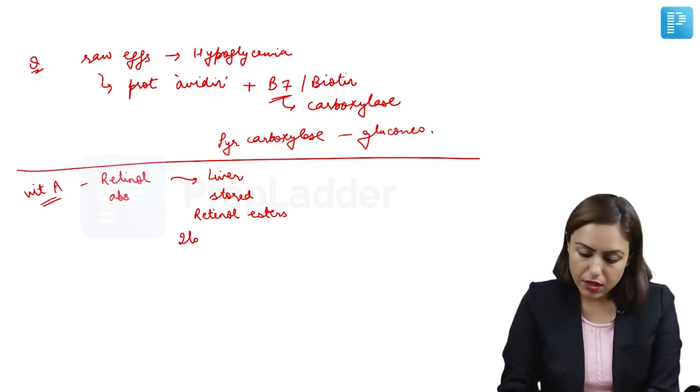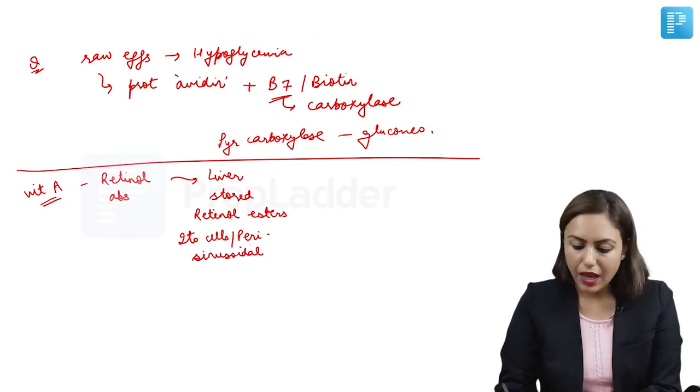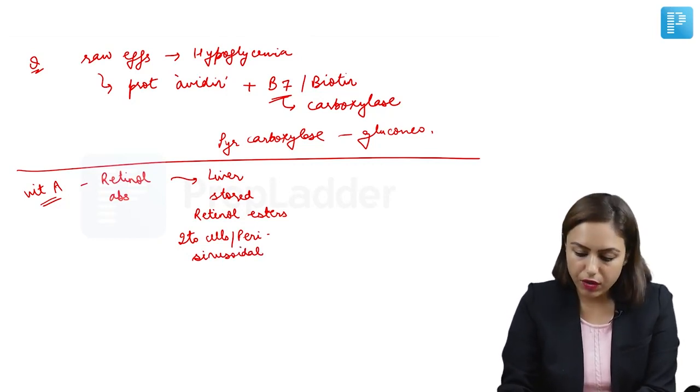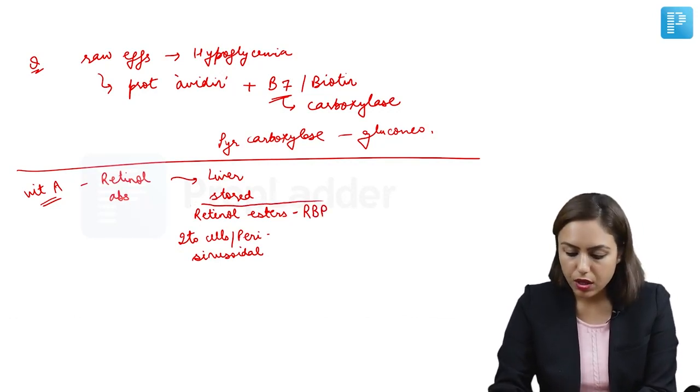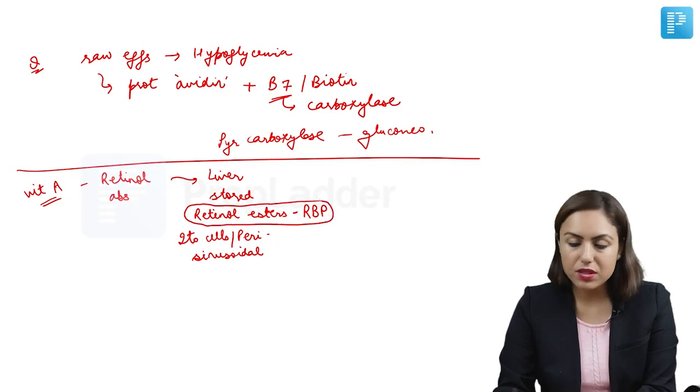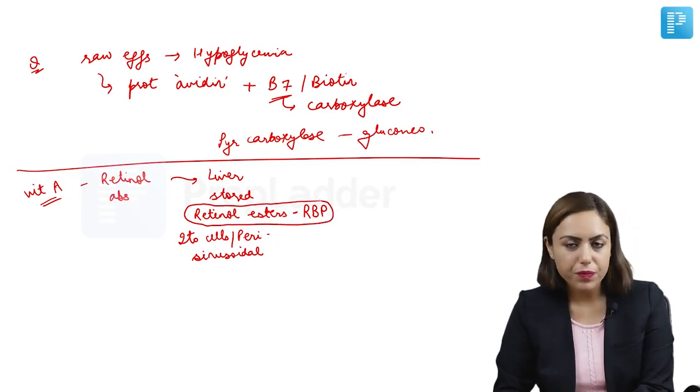In which cells? In Ito cells, also called perisinusoidal cells, right? And in the liver, this retinol ester is joined to retinol binding protein, RBP. This retinol binding protein is synthesized in the liver, right?